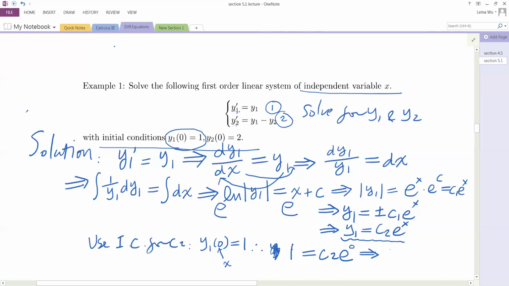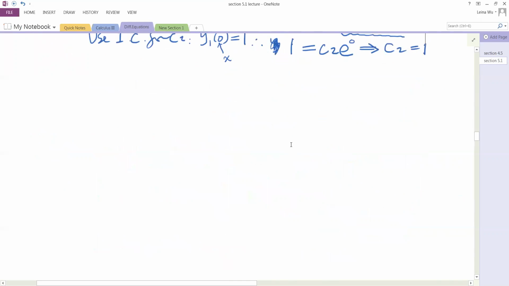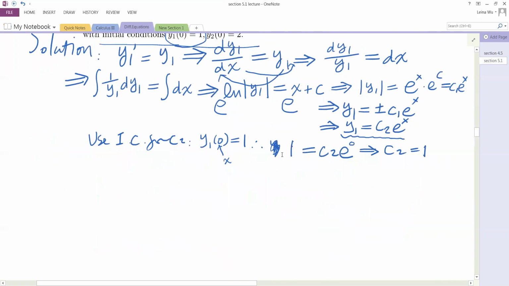Do we get c2? c2 will just be 1, right? Any questions, folks? No. All right, so basically y1 is e to the x. So that's one solution for y1.